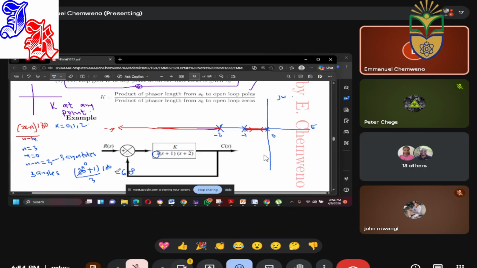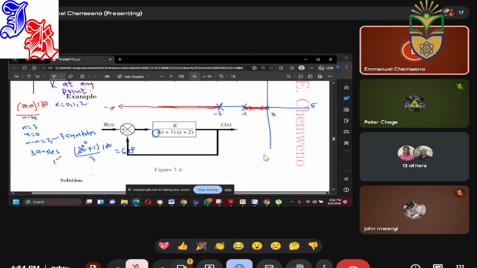I can just take the positive. For k is equal to 1: (2 plus 1) over 3 times 180, 3 over 3, is 180 degrees.